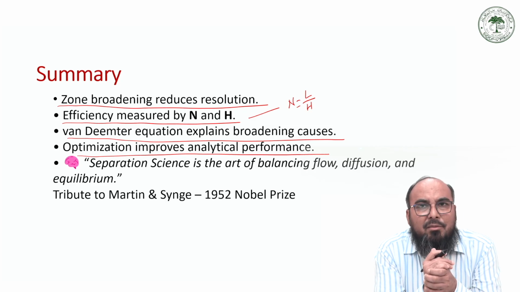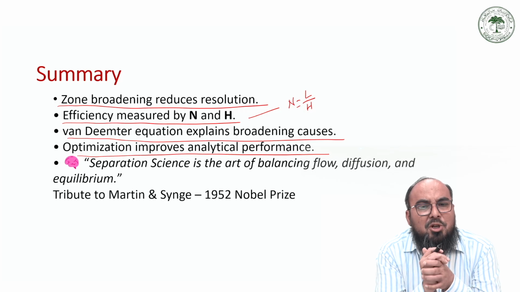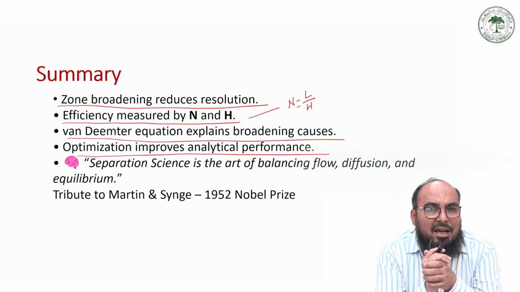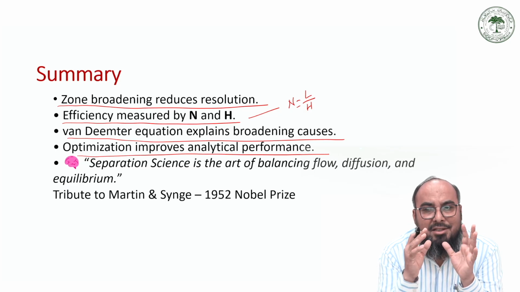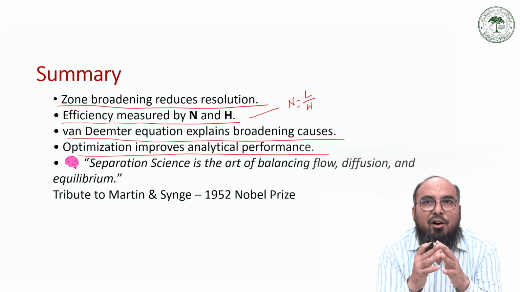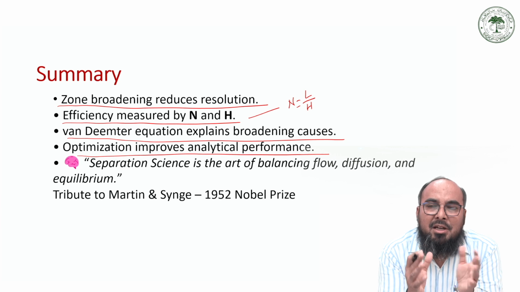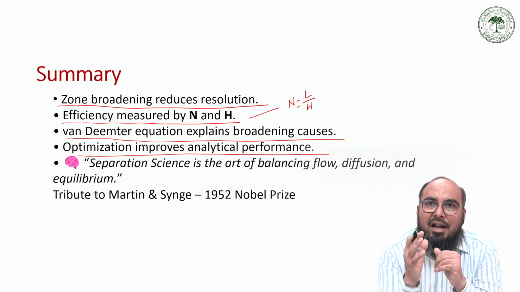So what is the takeaway message from our talk? That separation science is actually an art. It's an art of balancing diffusion, of balancing the flow of mobile phase, and of course establishing an equilibrium of the solute molecules between the stationary phase and the mobile phase.